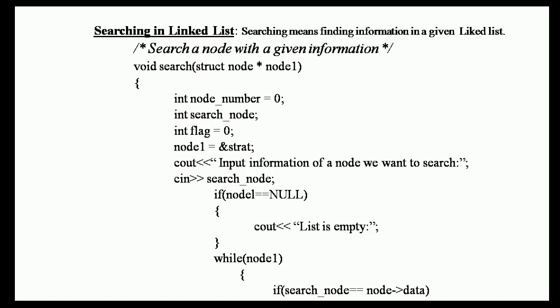If node1 equal to null, cout list is empty, curly braces closed.